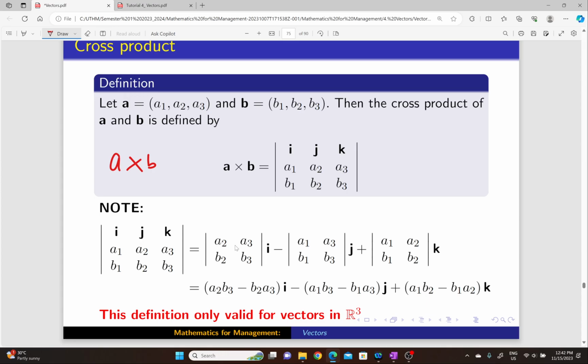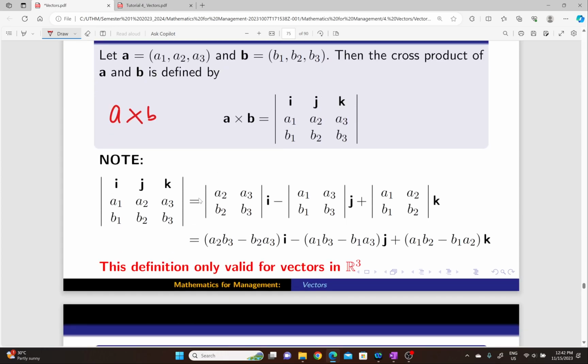Now, first you write this. You don't need to memorize this. How do I get this? You cut the first one, and whatever you have left, you write here. That is for I, isn't it?